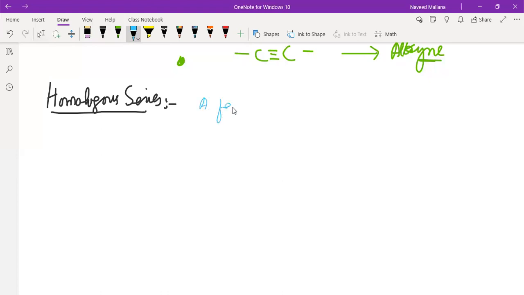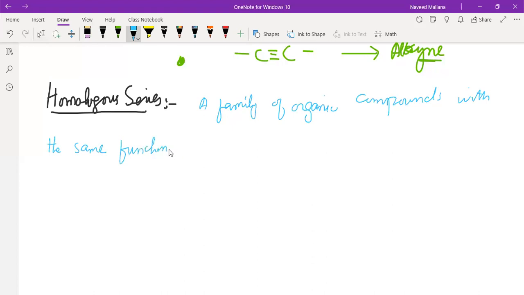A family of organic compounds with the same functional group.